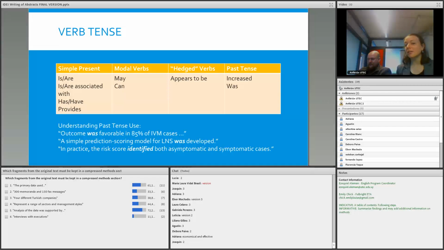These are unique compared to most concluding statements because they're specifically talking about the context of the study. In general, if you're talking about things that are more applicable beyond your own study, you want to use the present. It's a lot more engaging. It's up to your discretion, but I think the present is much more commonly used.